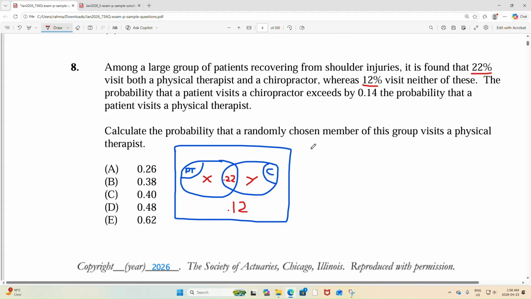So right away, we know that X plus Y is going to be equal to 1 take away these two regions here, 0.12 plus 0.22.